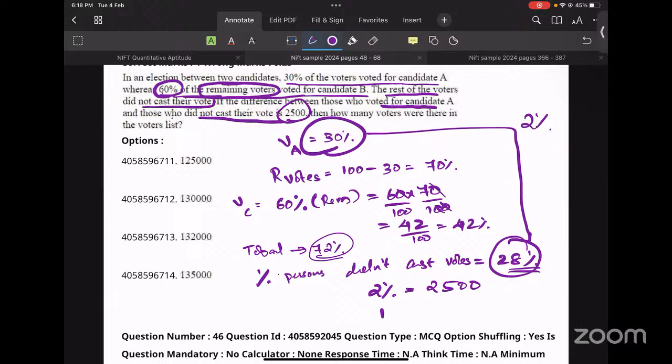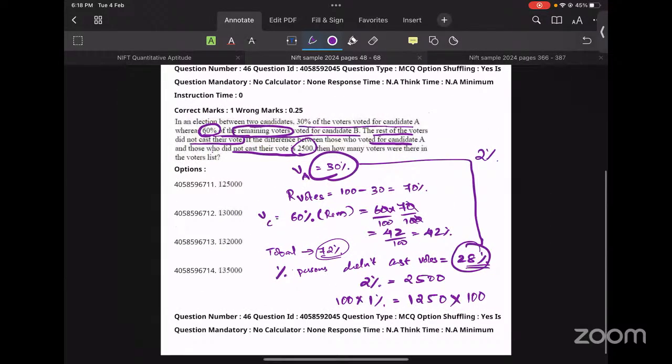From this you can find 1%. 1% equal to 1,250. So it's 100 times, that will be equal to 100%. 1% equal to 1,250, so 100% equal to 125,000.